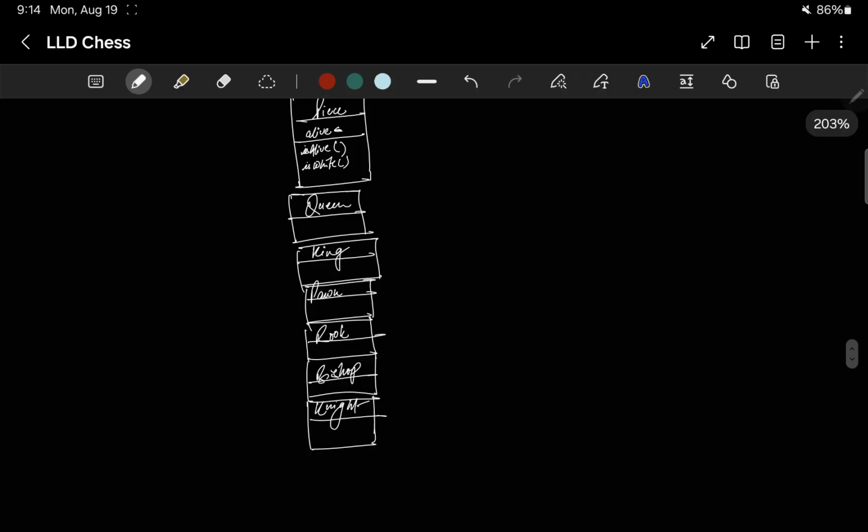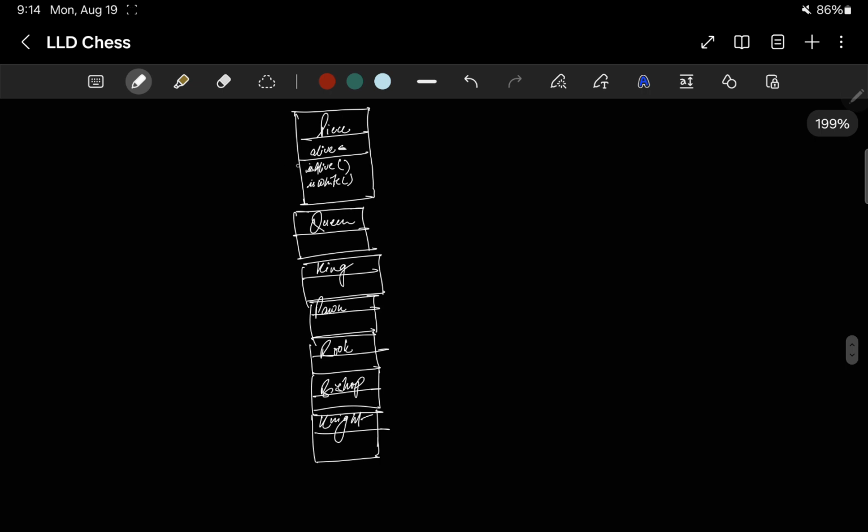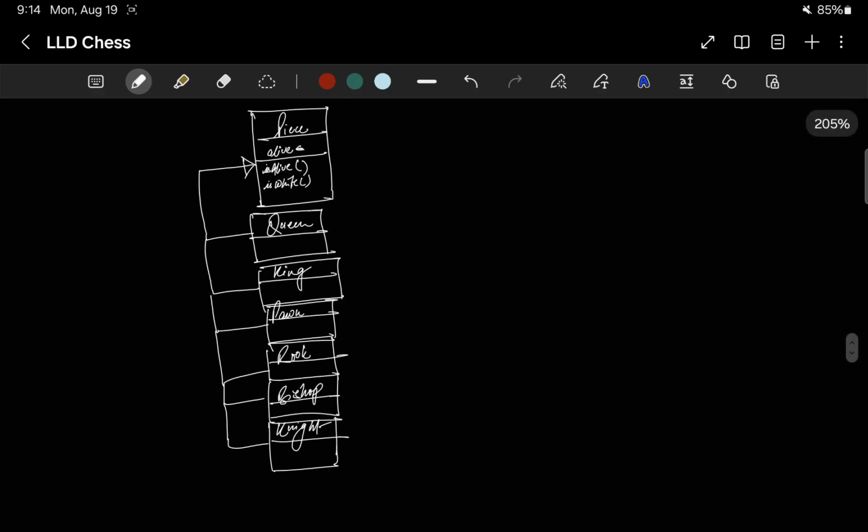So all these are going to be extending piece. Whatever is there in piece will be inherited, and they will all provide some additional functionalities.